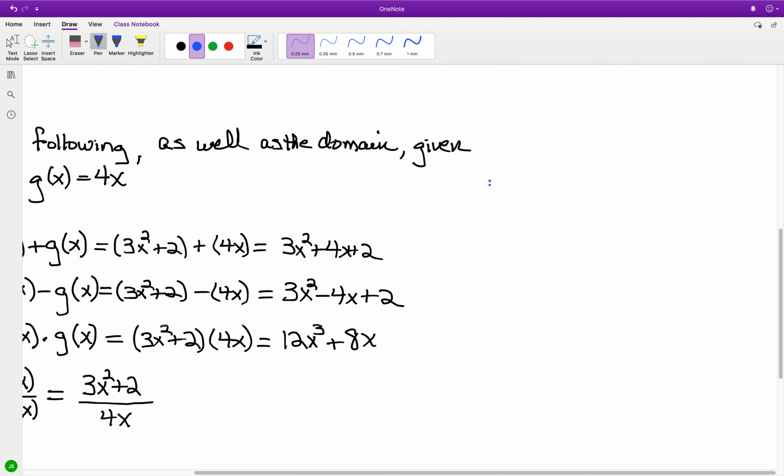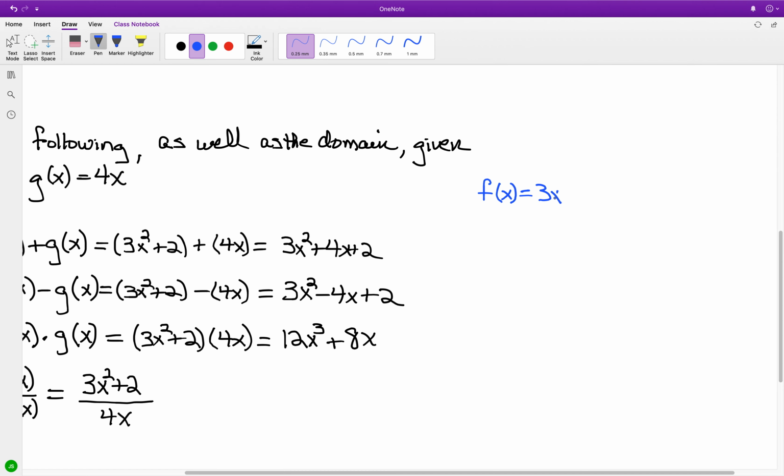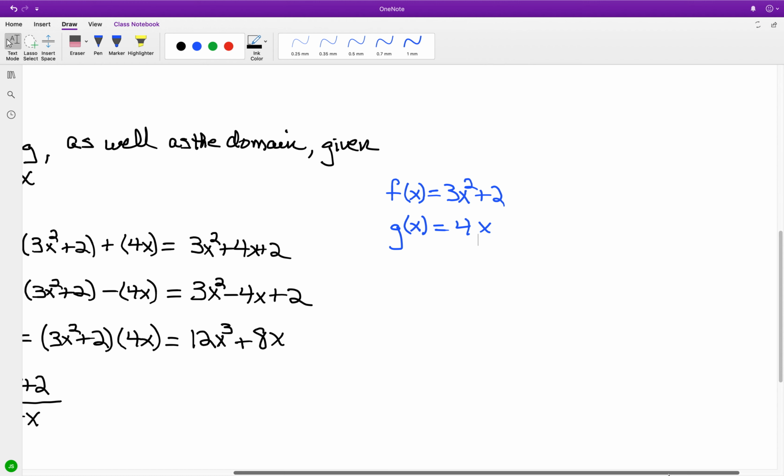Now again, we have f of x equal to 3x squared plus 2, and g of x equal to 4x. If you notice, we don't have a fraction, and we don't have an even root radical, so for f of x, we have no restrictions.